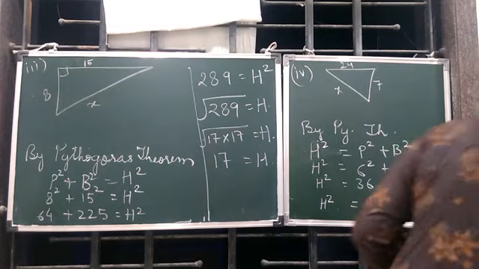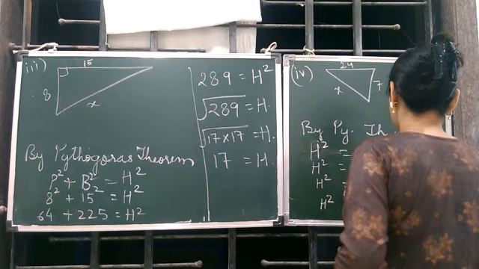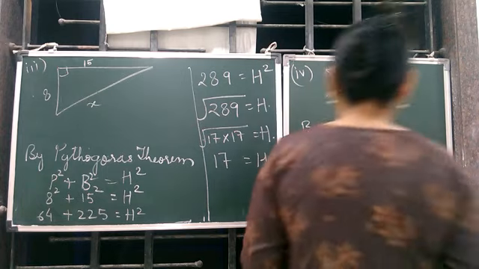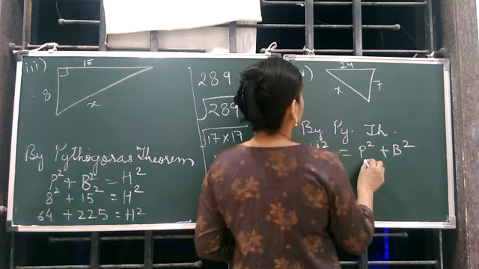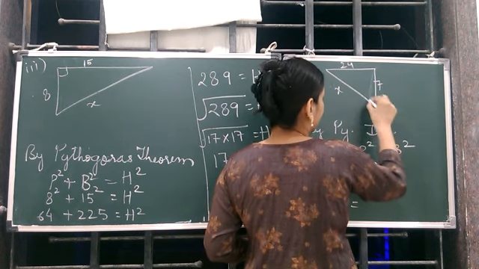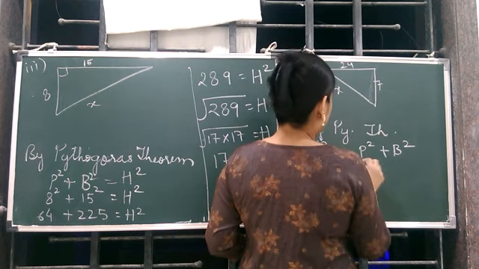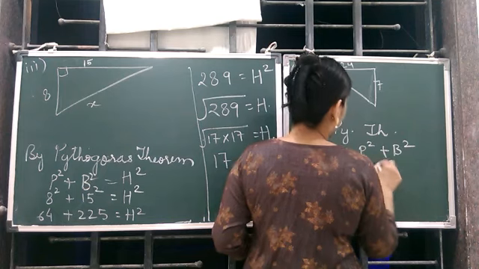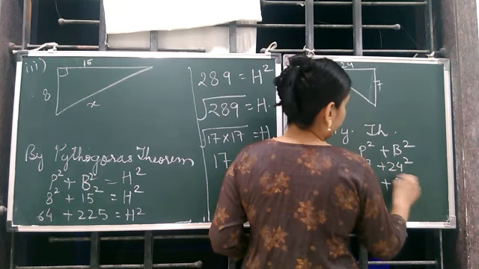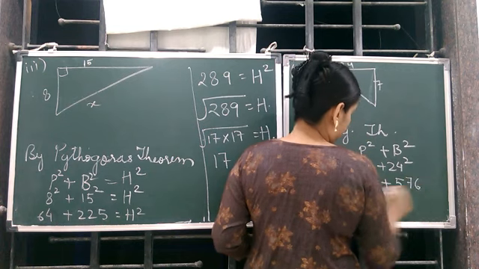We will just put the values. 7 square plus 24 square. 7 square means 7 7s are 49. 24 square will be 576.